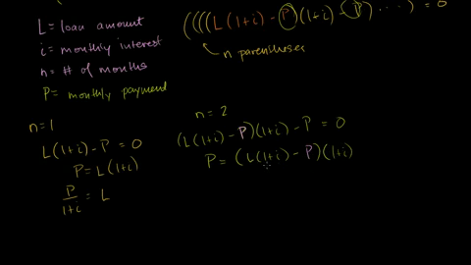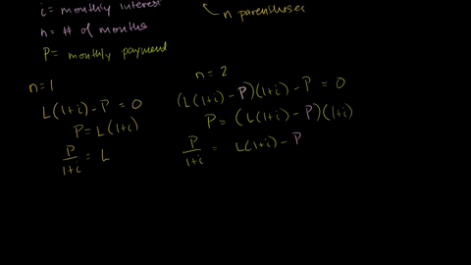Now, if you divide both sides by 1 plus I, you get p over 1 plus I is equal to L times 1 plus I minus that pink p. Now let's add that pink p to both sides of this equation.